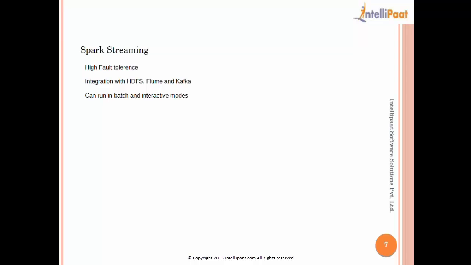And you can combine stream processing with other components like SQL or MLlib or GraphX. So that's again one more cool thing with Spark Streaming integration. And you can run streaming in both batch and interactive modes. I gave you an example of the interactive mode in the e-commerce site.